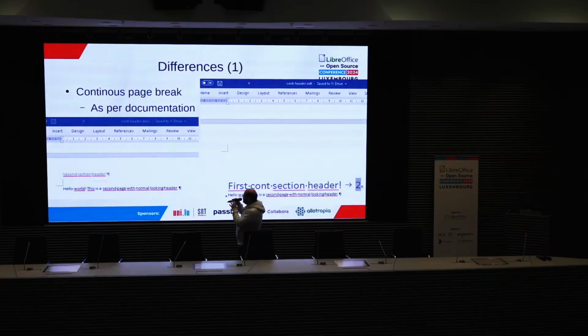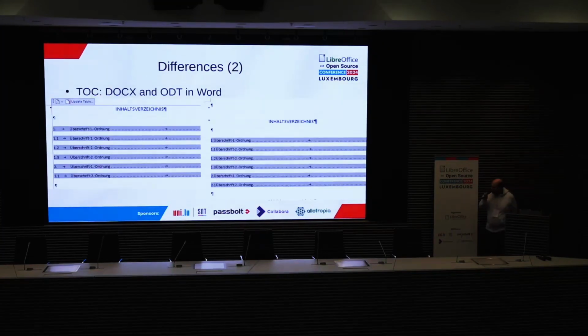The original document has a small header for the second page, but after saving to an ODT file and reopening in Word, it's the first page's and first section's big header on the second page. So yeah, it's broken. But we cannot really blame them for this, because it's documented, and neither Writer nor ODF has something like a continuous section break, so it's expected that this will be broken. Not a miracle here.